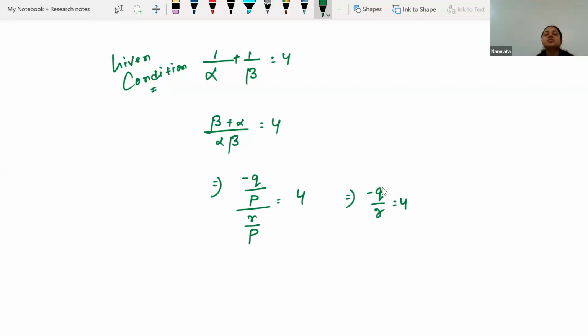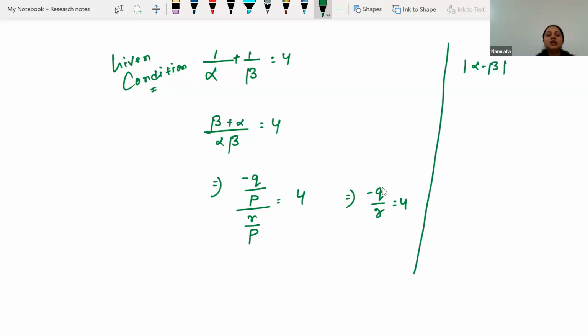So we have few conditions, few equations, few relations in hand, and we are keeping them aside. Maybe while finding the modulus of alpha minus beta, these equations will help us. Now we have to find mod of alpha minus beta.